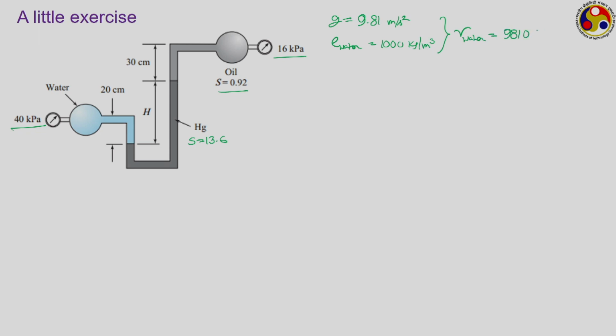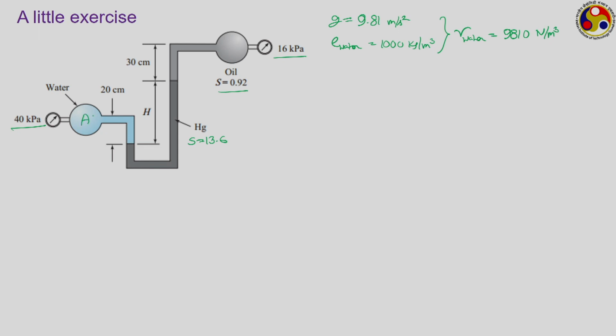The unit is Newton per meter cube. So, this is the situation that we have. We have three fluids involved: one is water, whose properties are known, another is mercury, which is the manometric fluid, and the third one is oil, which is present in the second tank.